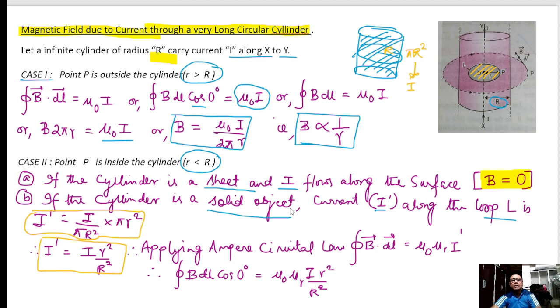Now, applying Ampere's Circuital Law, the line integral of B dot dl is mu 0 mu r times I dash. Now why did we give mu r? Because now it is inside the cylinder, and mu r is called the relative permeability of the cylinder.